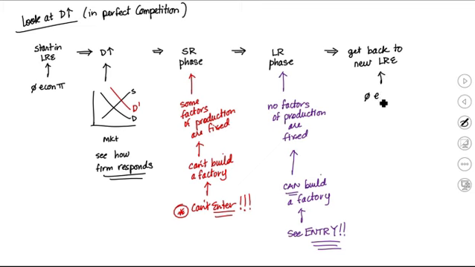Zero. Zero economic profits. Good. So notice we're starting with zero economic profits, and there's going to be some effect of the demand increase that's going to be beneficial, right? Demand increases are good if you're in business. But by the time firms enter and compete away those benefits, we're going to get back to zero economic profits.